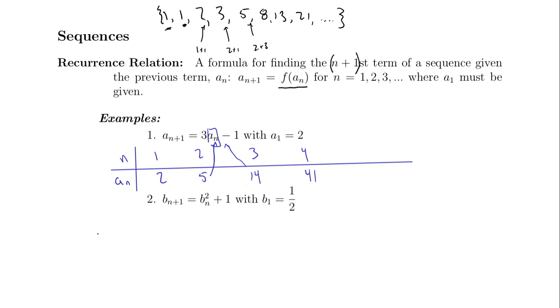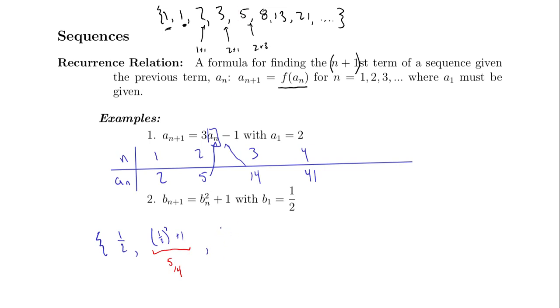So it might be easier to just write it straight out in this little list sequence form. So for this one, we start with half, and then we've got half squared plus 1, which is really a quarter plus 1, so that's 5/4.